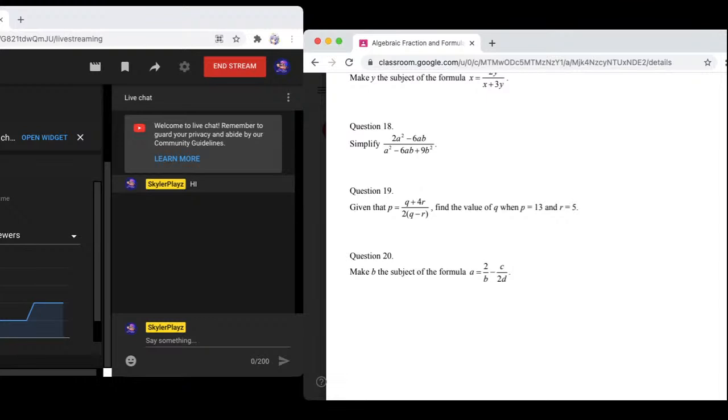And therefore, we add the fraction together, so a is equal to 2ad divided by 2d, and therefore 2ad plus c divided by 2d is equal to 2b. Finally, we multiply the fraction. We first reverse the fraction and then multiply by 2, and therefore b is equal to 4d divided by 2ad plus c. So this question ends.